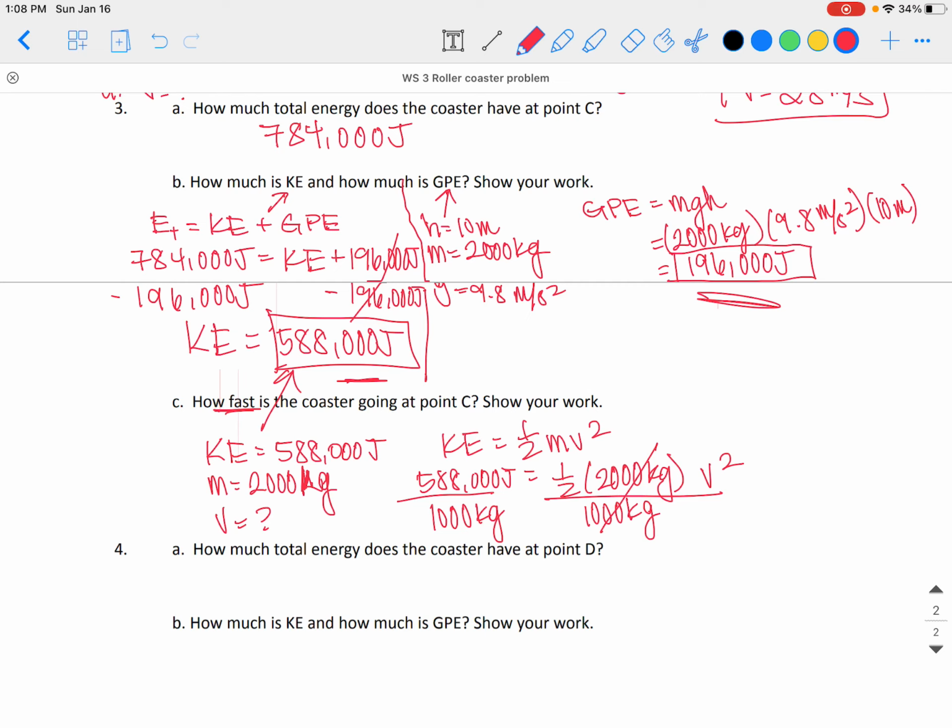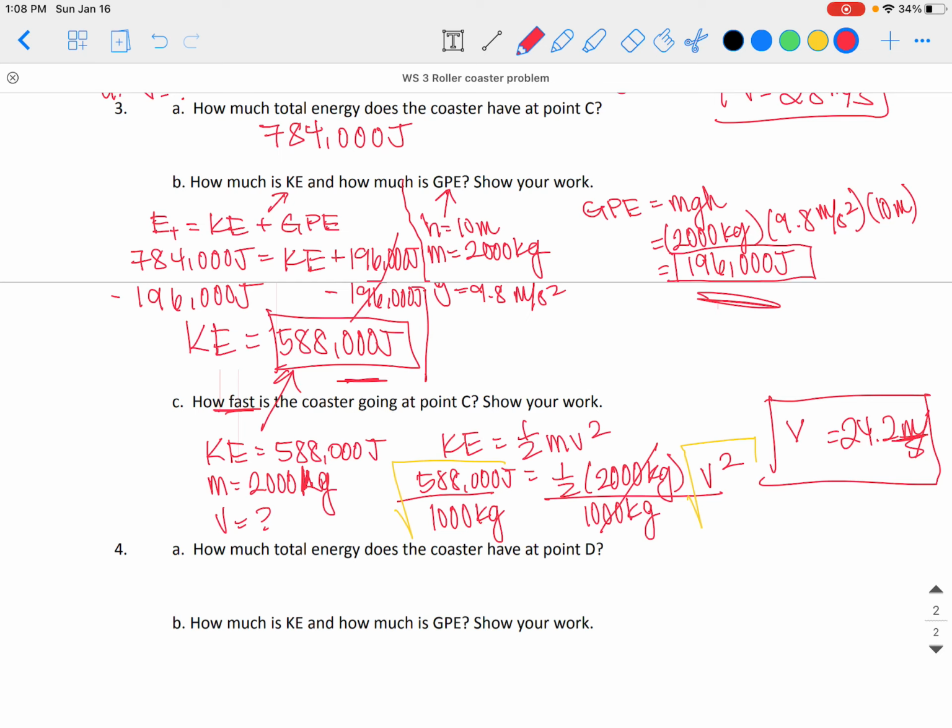We're going to take the square root of both sides because now we've got velocity squared, and our velocity is equal to 24.2 meters per second. So that is our answer here.